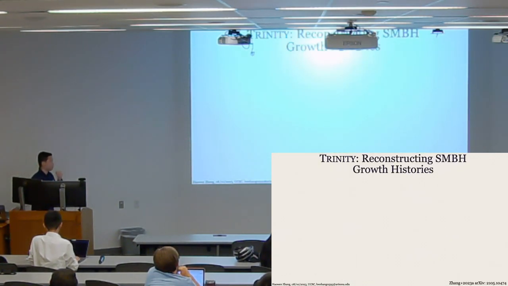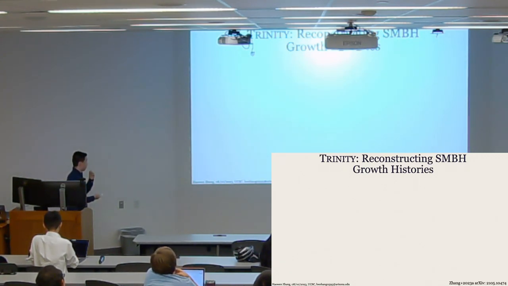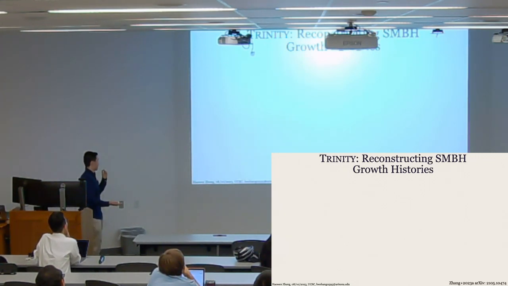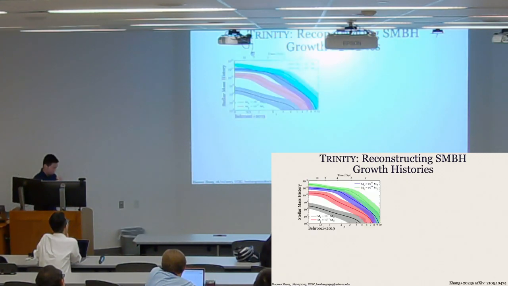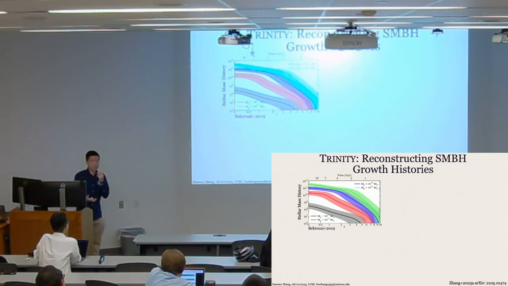Okay, so basically what we're doing in TRINITY is to reconstruct supermassive black hole growth histories in different galaxies and halos by the joint constraint of many galaxy and black hole data. So from Peter's work on UniverseMachine, we already know that galaxy assembly histories can be constrained by lots of galaxy data, like galaxy mass functions and galaxy star formation rates.